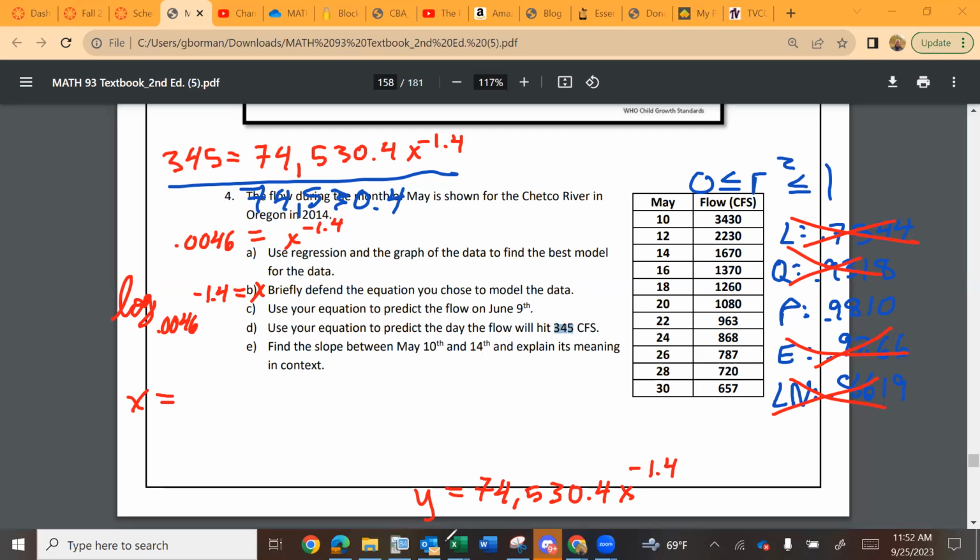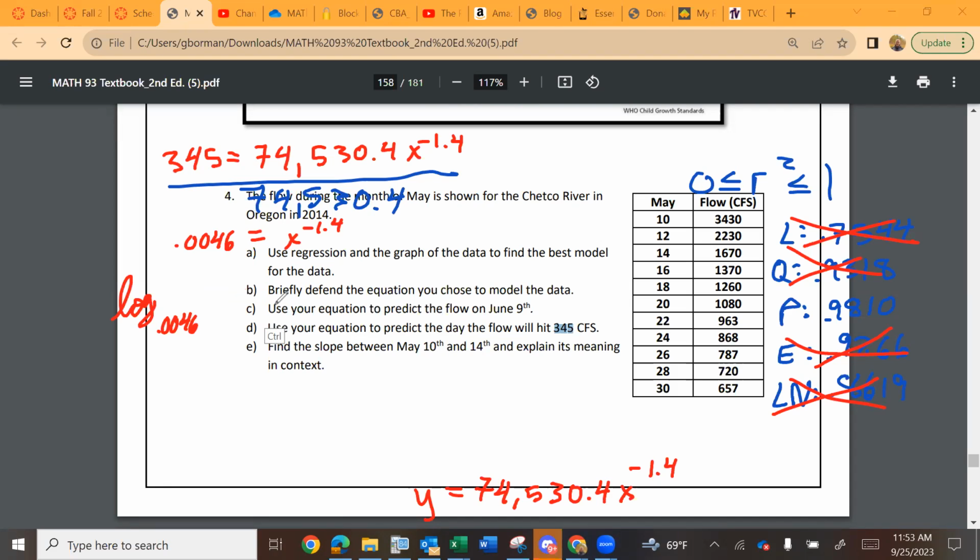Oh, I did something off. Okay, I've got an error here. I don't know why I'm getting an error, because I'm doing this wrong.